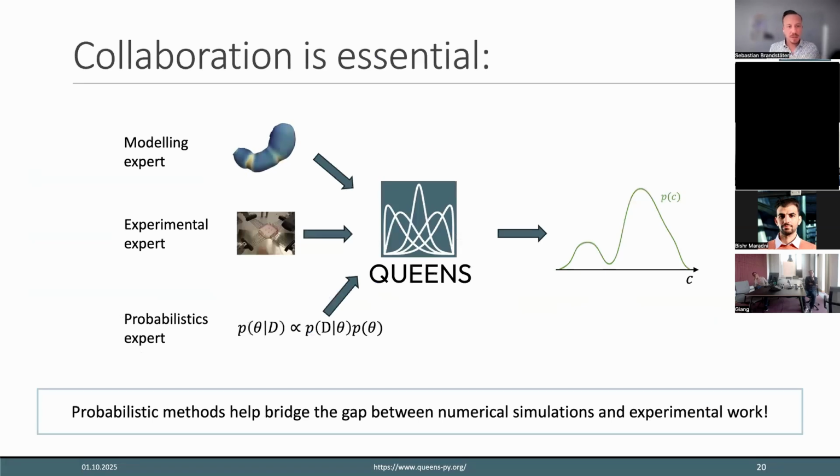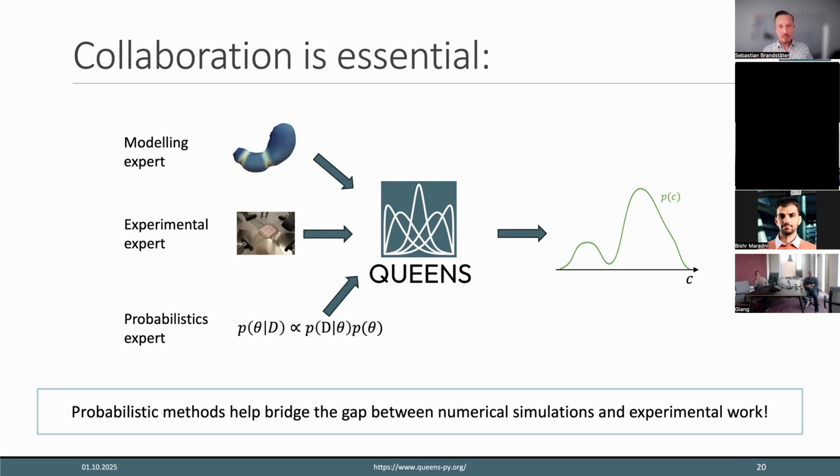Yeah, and last but not least, maybe a short outlook, because that's a core concept as well that we have implicitly touched upon. If you are doing inverse analysis, you're typically working with three experts. You will have someone who's doing experiments, getting you some data.